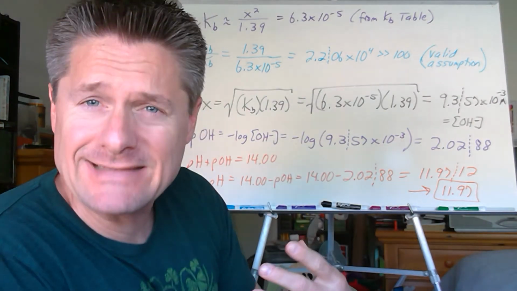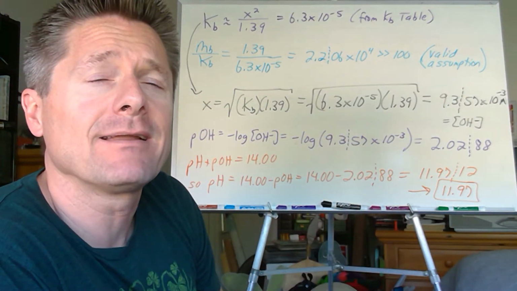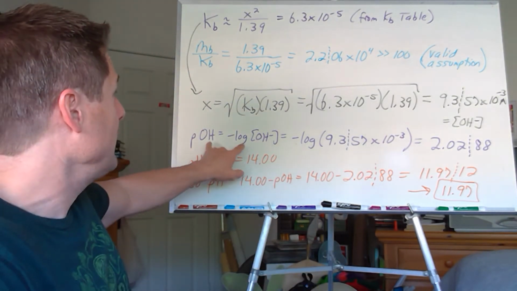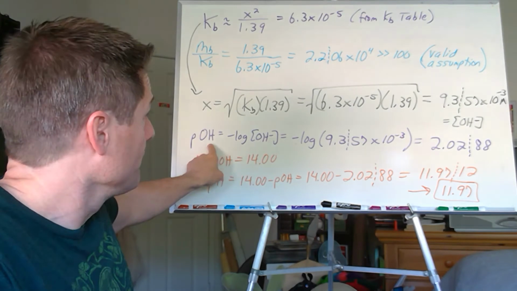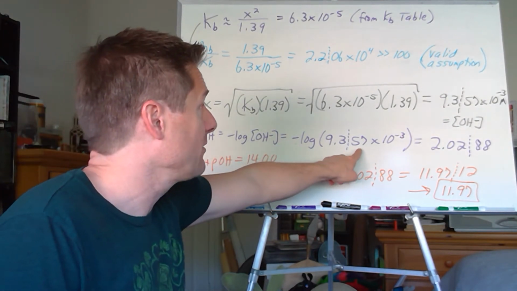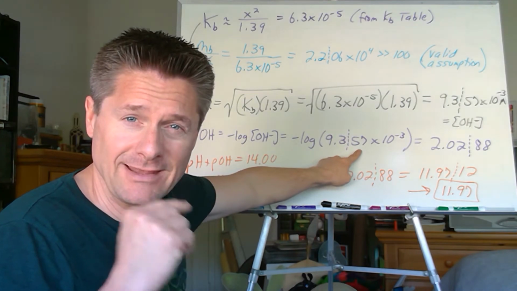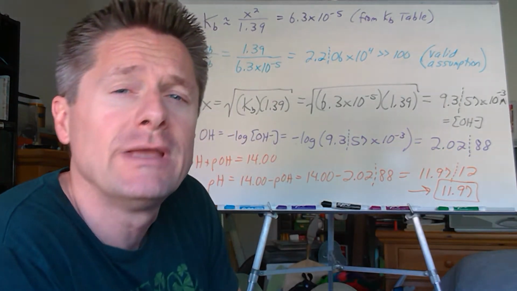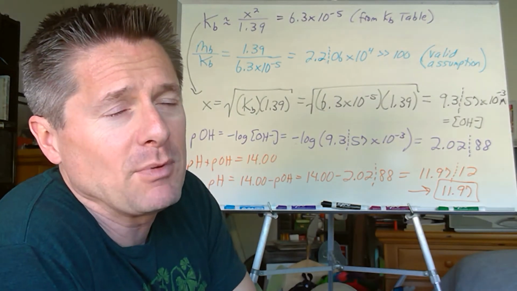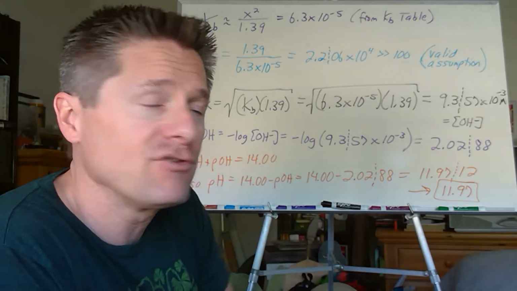From our ICE table, X is the OH minus, the hydroxide ion concentration. If we take the negative log of the hydroxide ion concentration, that'll give us pOH, right? So negative log of 9.357 times 10 to the minus 3, two significant figures in the log term gives us 2 decimal places. So I get 2.0288. Good to 2 decimal places. That's the pOH. Remember, we're plotting pH for our titration curve.